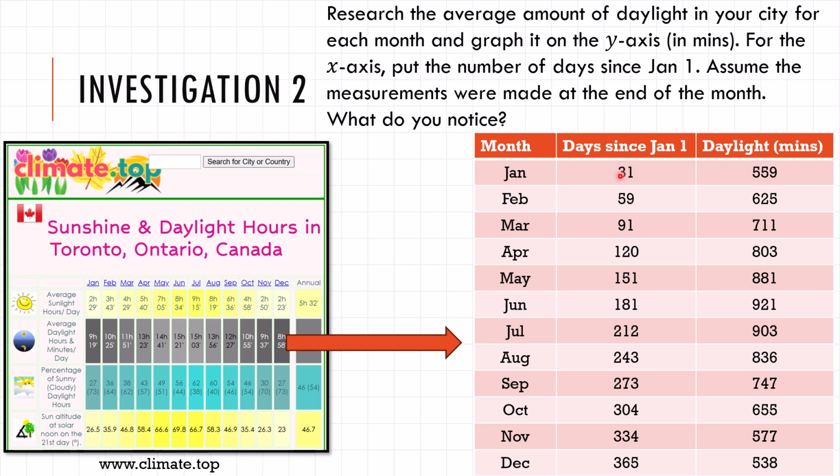So on January 31st, there were 559 minutes of daylight. 9 times 60 is 540, plus 19 minutes is 559. I did that for all of these measurements. I found out the number of minutes of daylight at the end of each month, and now I'm going to try and graph that.